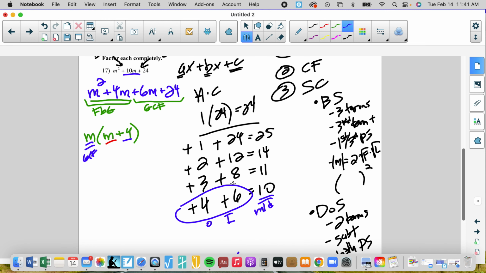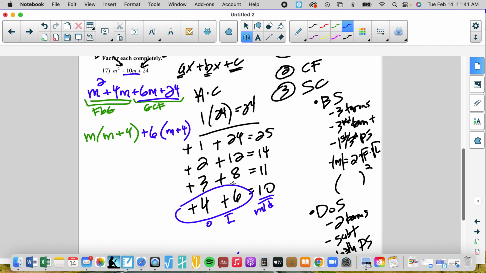So that's how I got those values. I found the GCF of that pair. And I'm going to do the same thing to this set of numbers. So with 6m and 24, we should be so good that we can see the GCF is 6, and that gives me m plus 4.